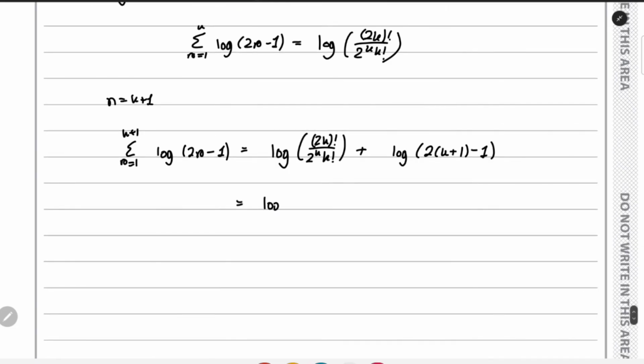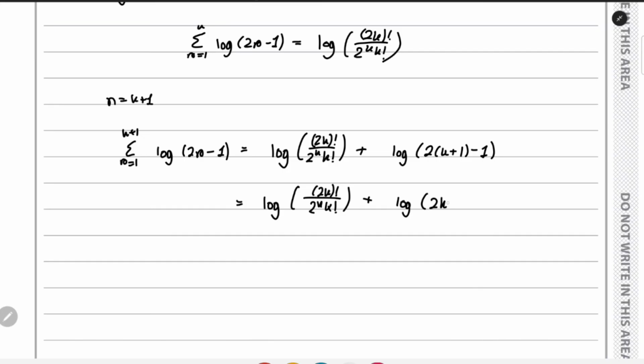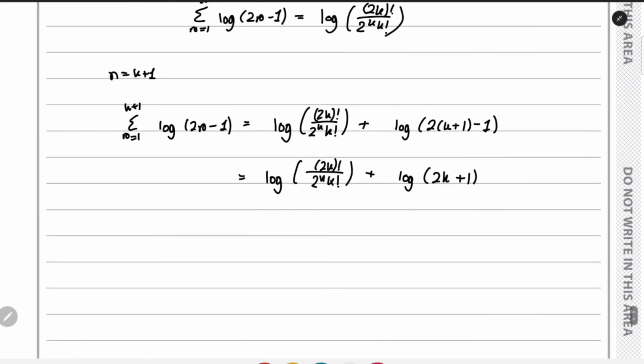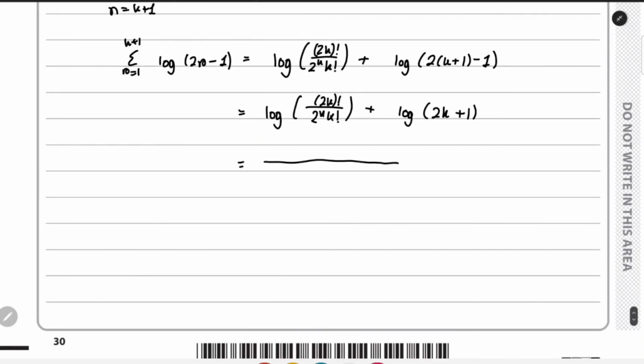We have log 2k factorial over 2 to the power k times k factorial plus log 2k plus 2 minus 1, so 2k plus 1. Since they are both logarithms with the same base, we can bring it inside as a multiplication. I'll have 2k factorial times 2k plus 1 divided by 2 to the power k times k factorial.